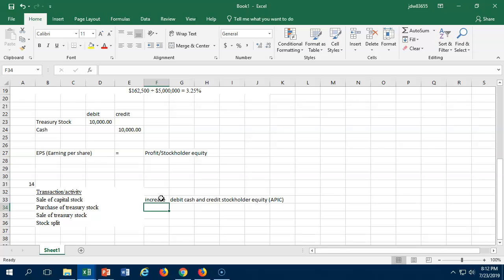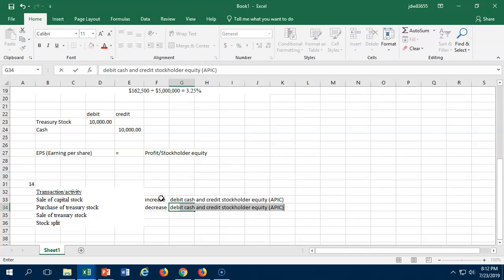Okay, purchase of treasury stock. Would that increase or decrease additional paid-in capital? Decrease, correct. Anyone want to give a shot at what that journal entry would be? You would debit treasury stock?